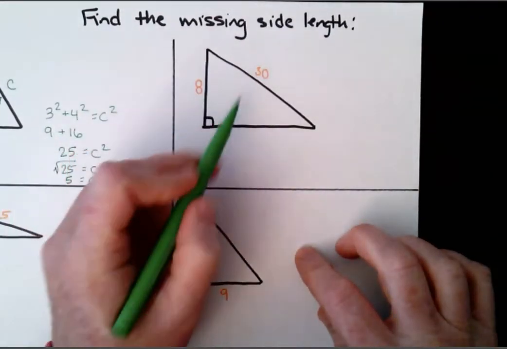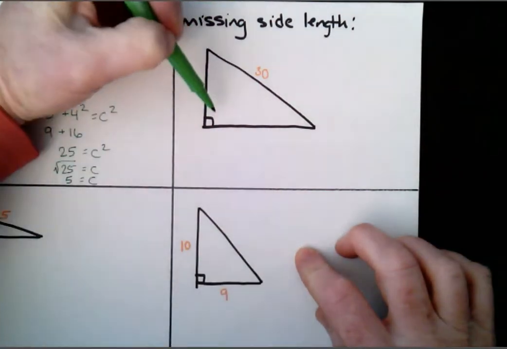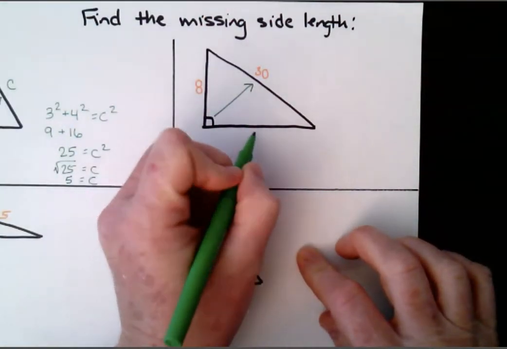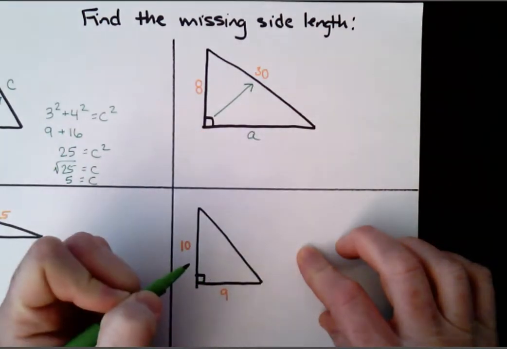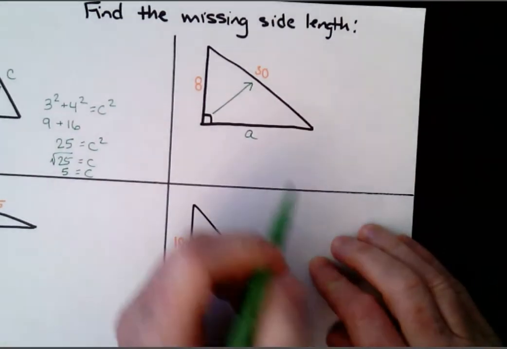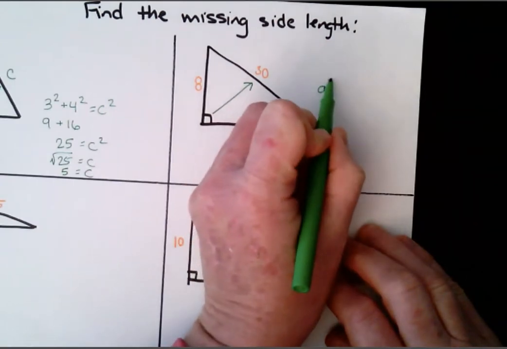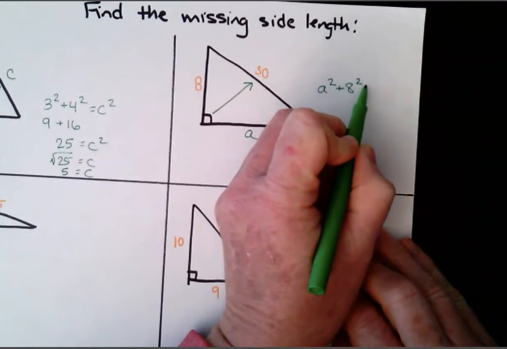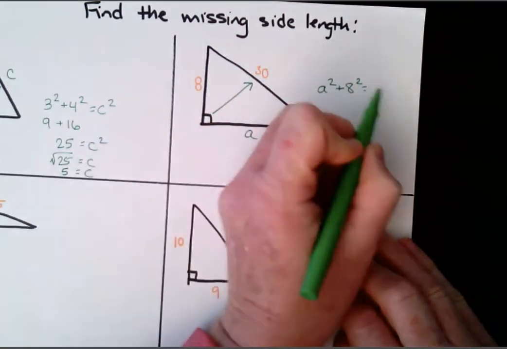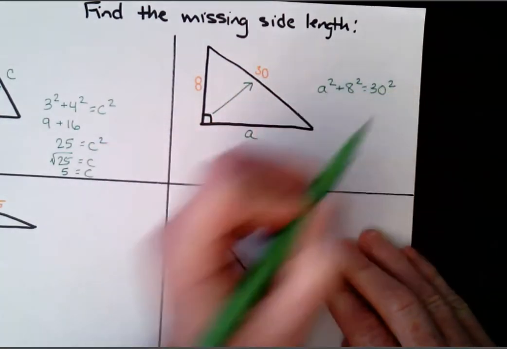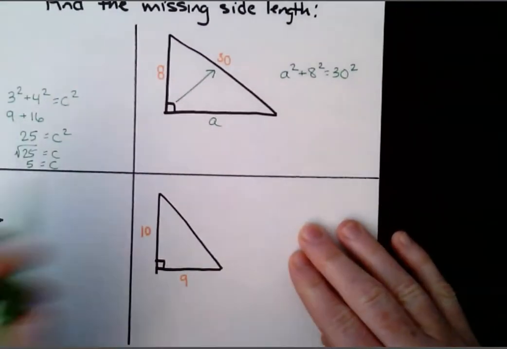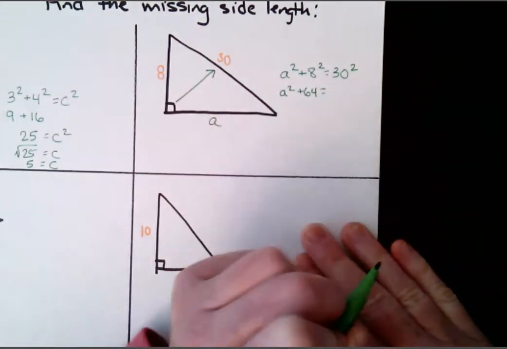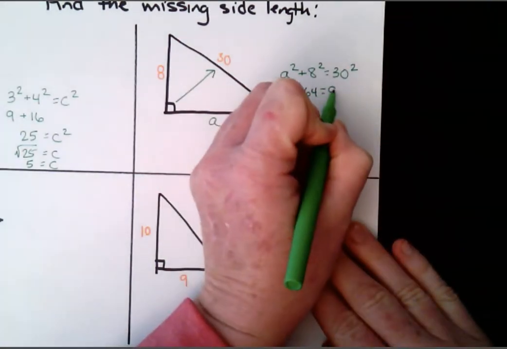Okay, we have 8, we have 30, and a missing side here. This is the hypotenuse. So I'm going to call this, you can call it A or B, I'll call it A. Okay, so we know that A squared plus 8 squared has to equal the hypotenuse squared. So we have A squared plus 64 equals 30 times 30, which is 900.